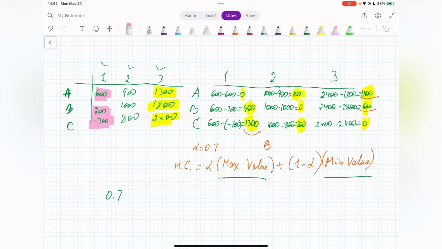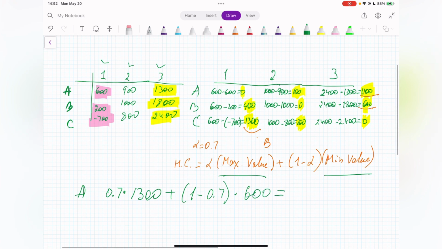times the maximum value for alternative A. The coefficient 0.7 times the maximum value for A, which is 1300, and then plus 1 minus 0.7 times the minimum value, in my case 600. Let me write down the second one.